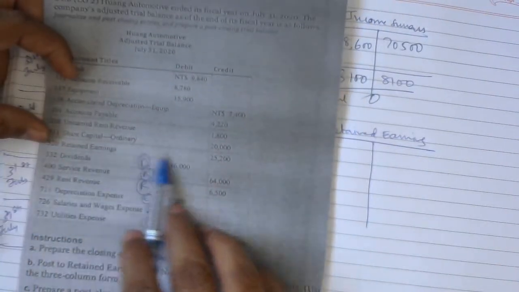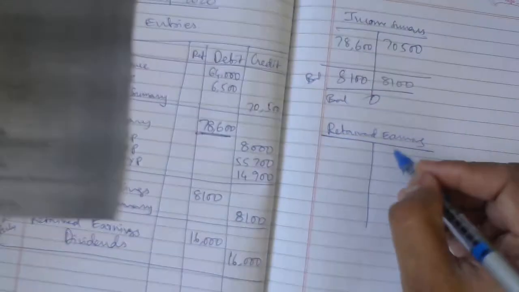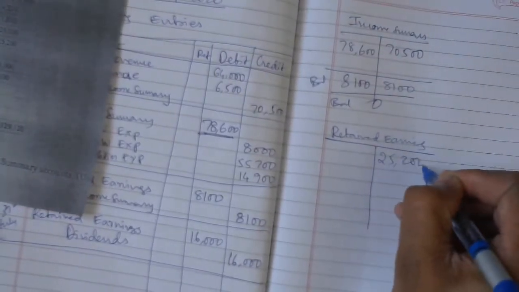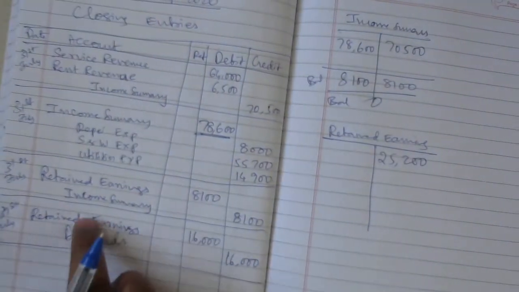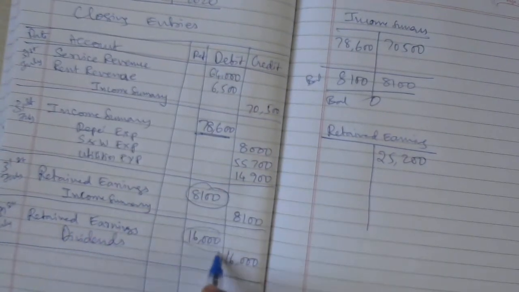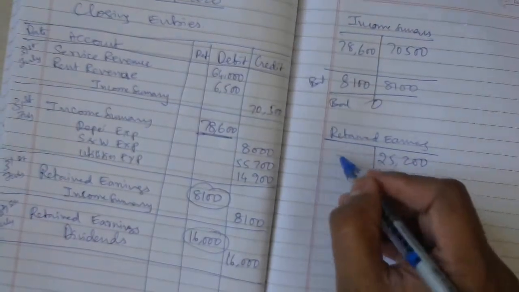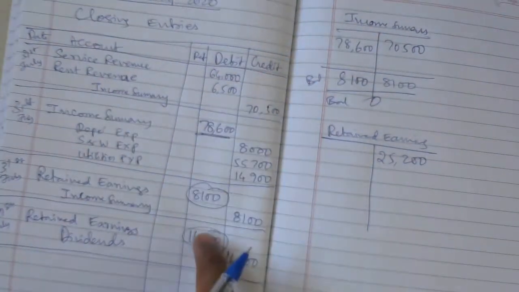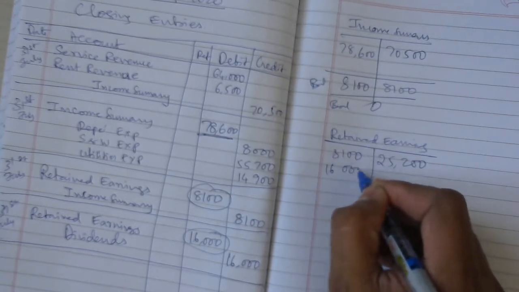The opening balance of retained earnings is 25,200, as that's a credit balance. Now I have two entries under the retained earnings, and both of them are on the debit side: 8,100 and 16,000.